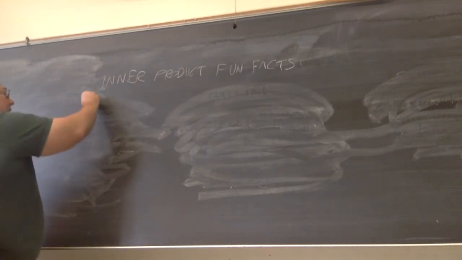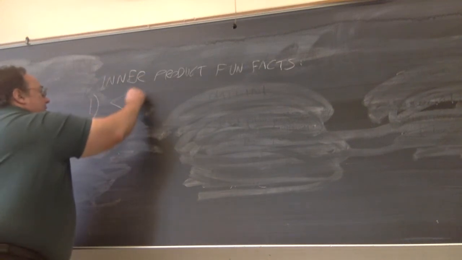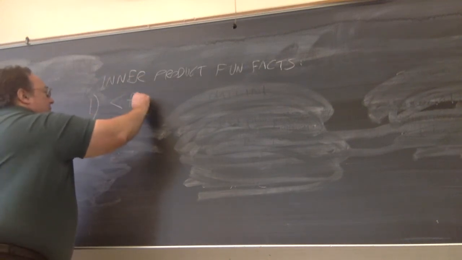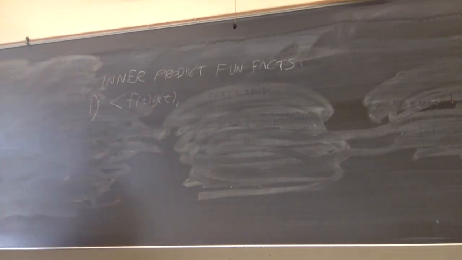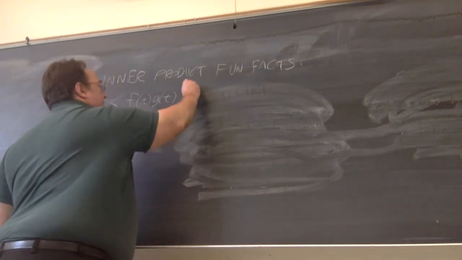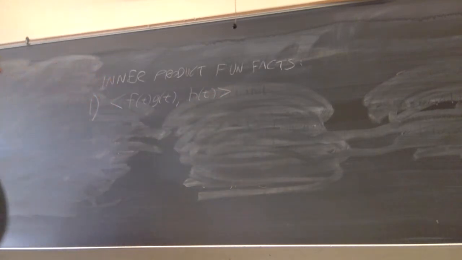Now, the first one is, suppose you have an inner product of this form: a product of two functions, f of t and g of t, with a third function, h of t.